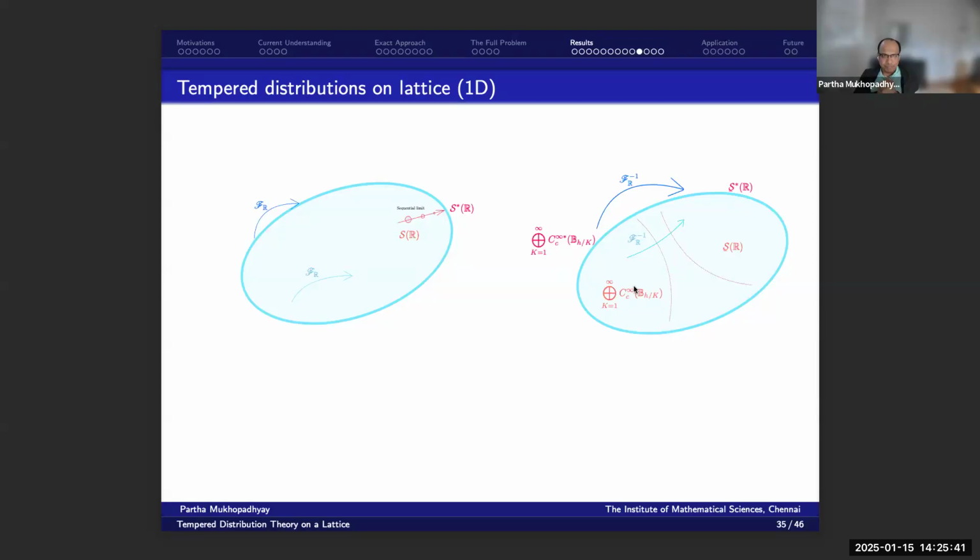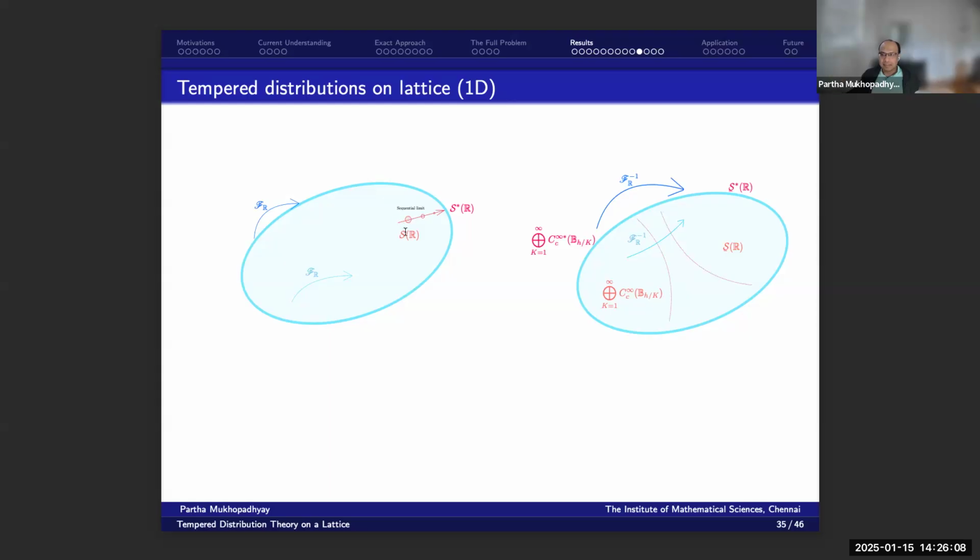So here are certain pictures which summarize whatever has been done so far. There is a lot here, including certain theorems in the usual distribution theory. The light shaded region is the full space of all Schwartz functions in the continuum.